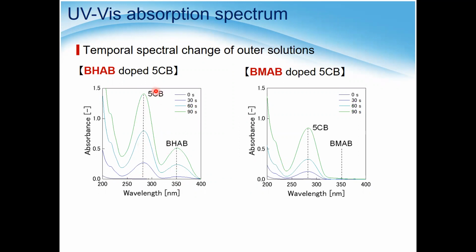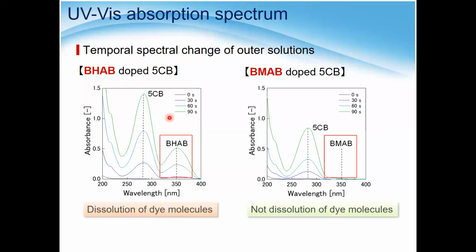What we noticed is that in the case of BHAB, the 5CB was solubilized outside, and BHAB was also solubilized into the outside. On the other hand, in the case of BMAB, 5CB was solubilized, but BMAB was not.